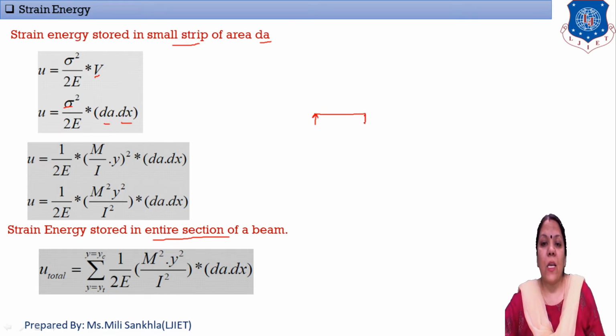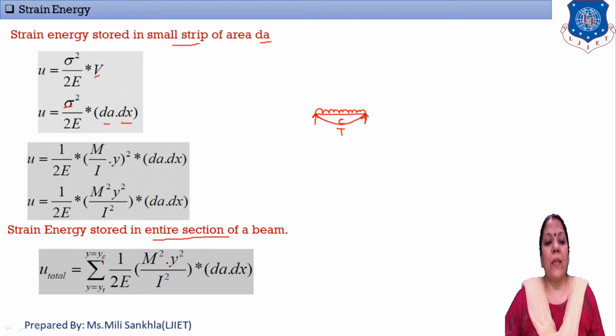Look at this. This is our simply supported beam, and it is deflected this way, and this is our compression zone and this is our tensile zone. That means here I write yc, because compression is on top and tension is in the bottom zone.